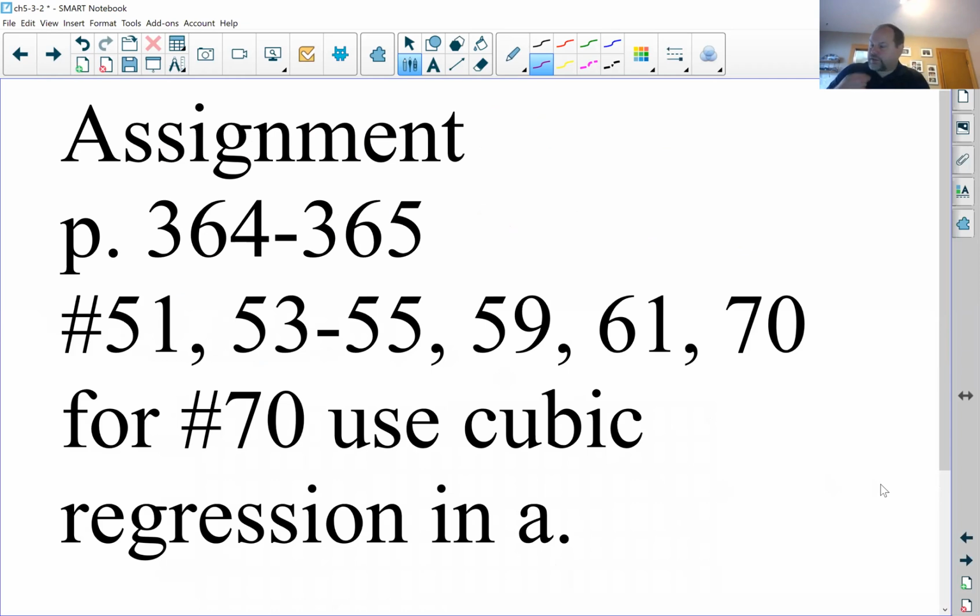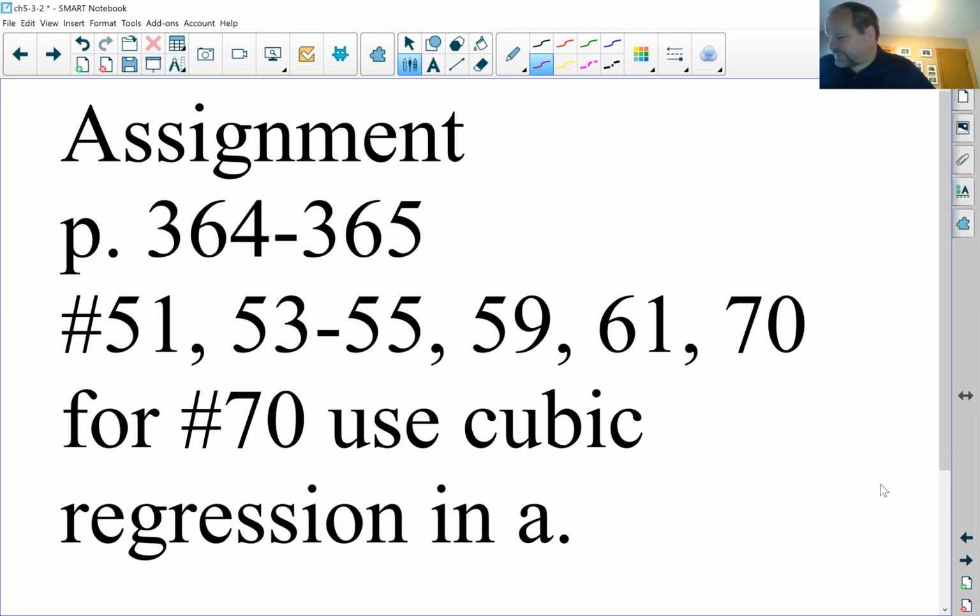All right, so the second part of your assignment is going to be dealing with rates of change and what those integrals would tell you. Pretty straightforward, I think.